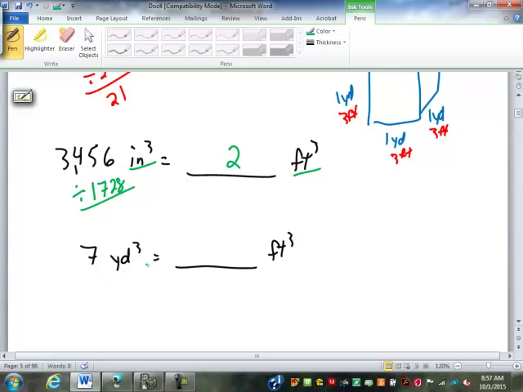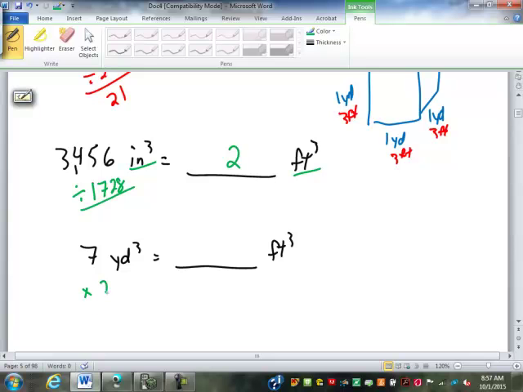Now then, 7 cubic yards into cubic feet. Are the units getting smaller or larger? Smaller. The units are getting smaller, so the number gets larger. So we're going to multiply 7 by how many? Well, there's 3 feet in a yard. This is cubic, so it's 3 by 3 by 3, which is 27.